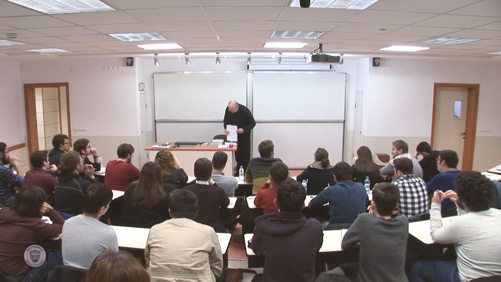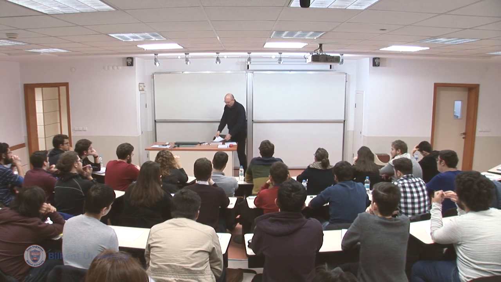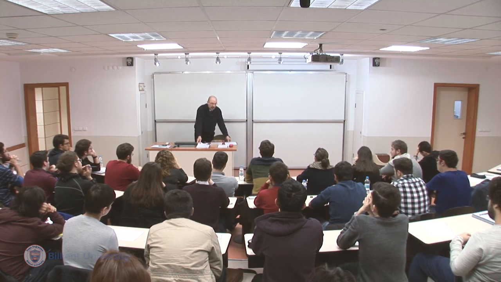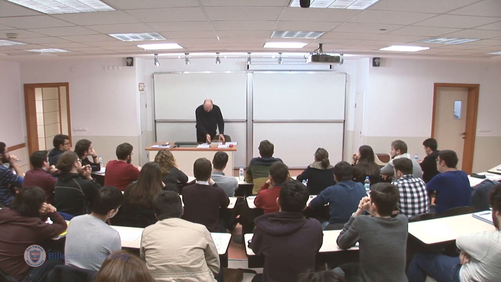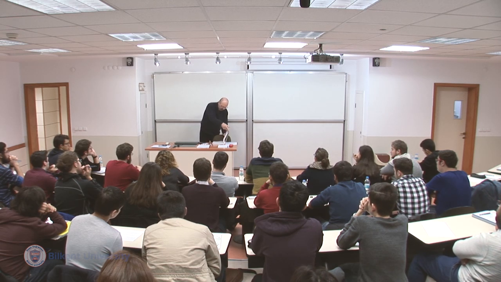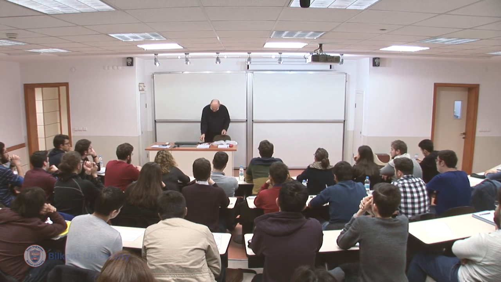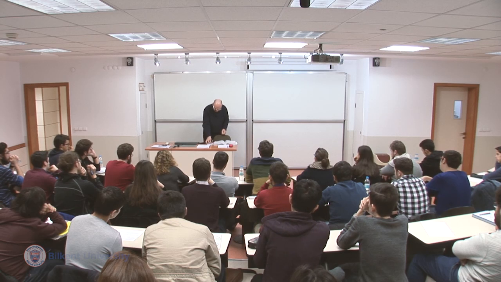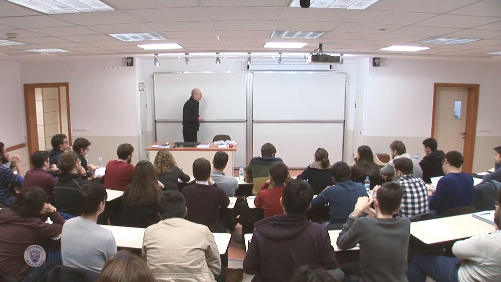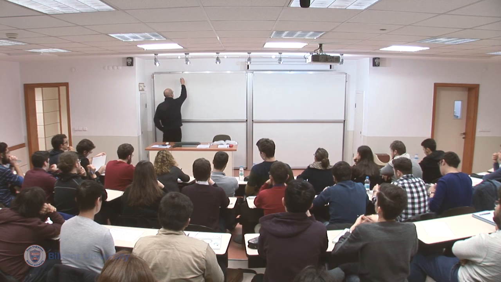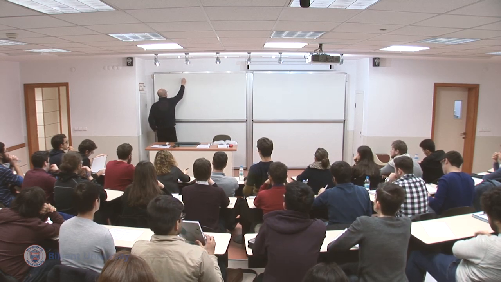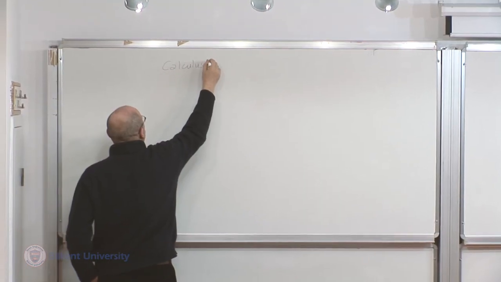So let's see. I'll follow the book. So when you go home, you should also read and follow the book. Let's start from chapter 3. So this is calculus 2.